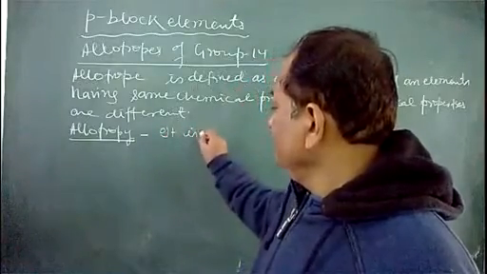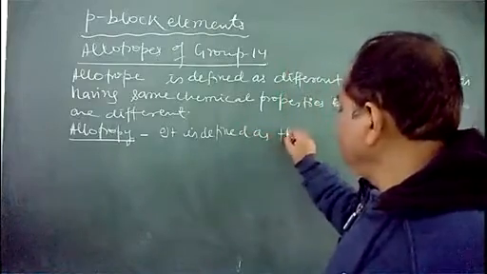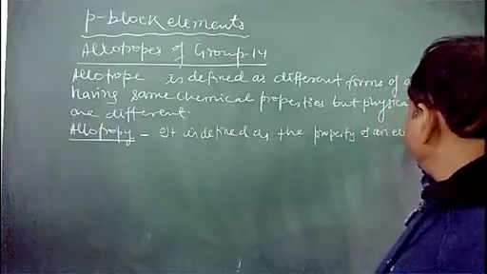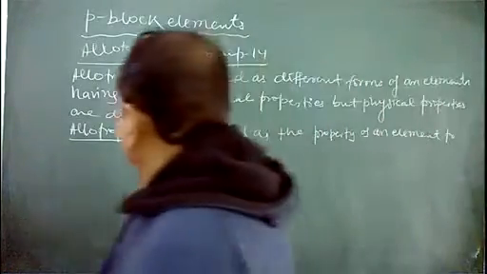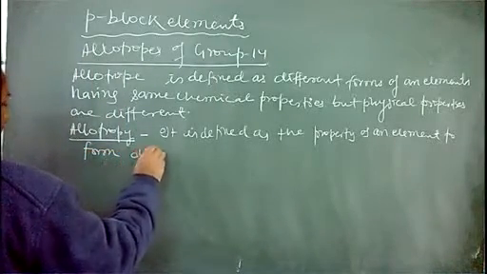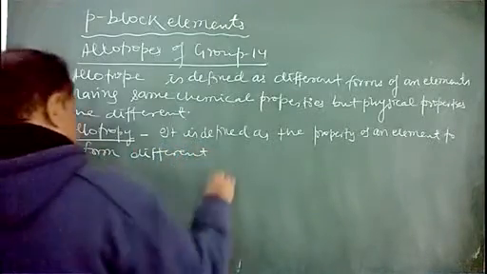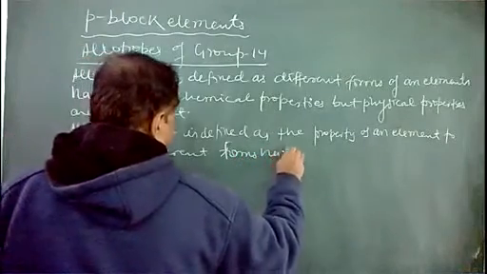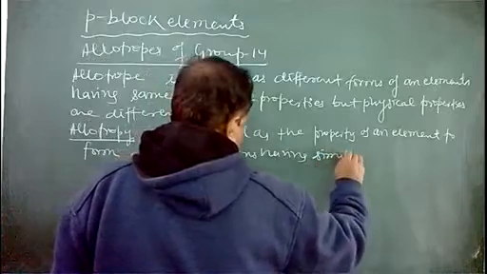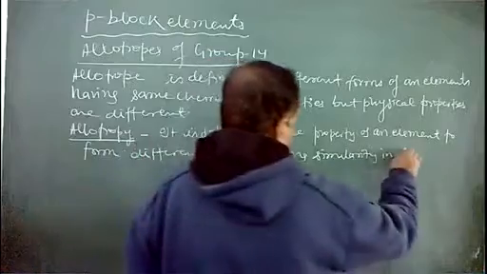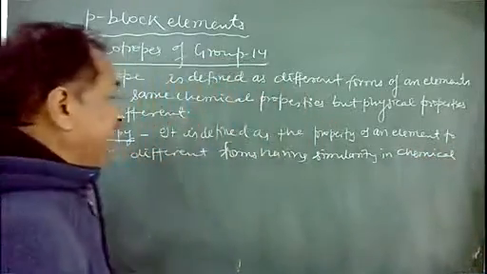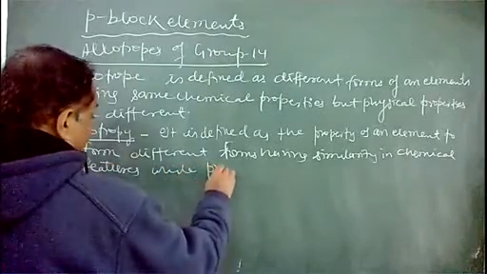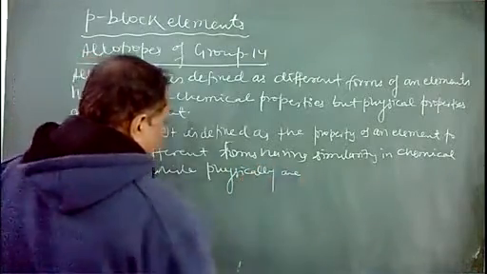It is defined as the property of an element to form different forms having similarity in chemical features, while physically they are different.